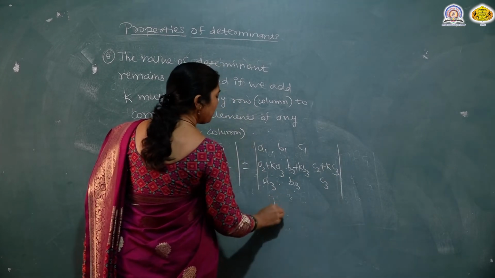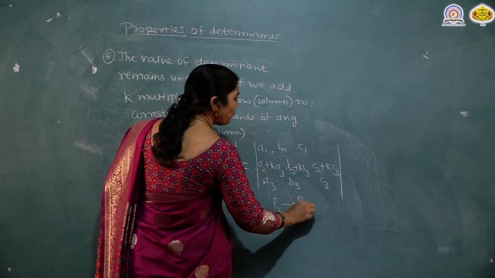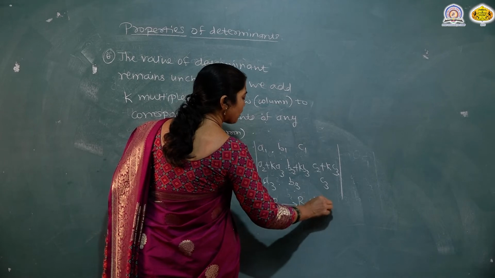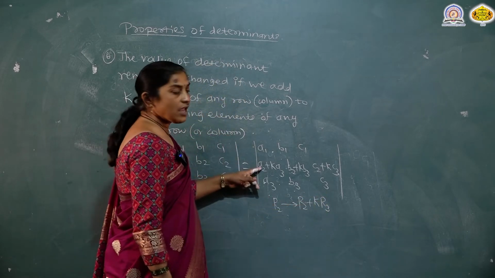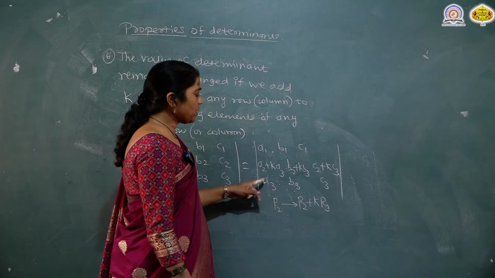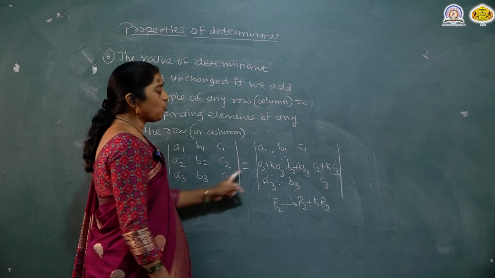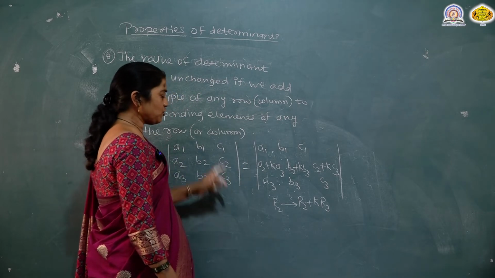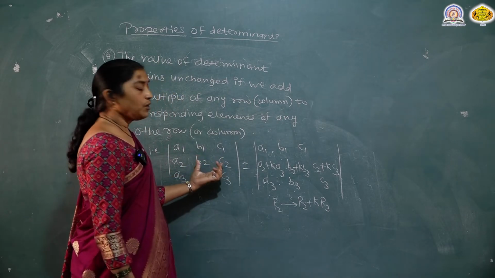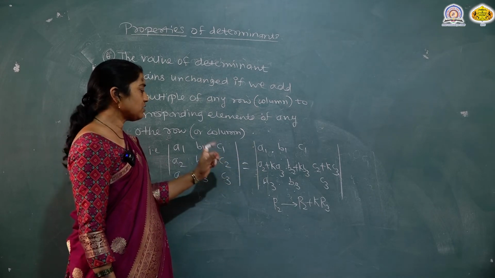Observe that I am changing R2 by R2 plus k times R3. The second row is replaced by second row plus k multiples of third row. Even then the value of the determinant remains unchanged, or even though you do this in columns, it remains unchanged.